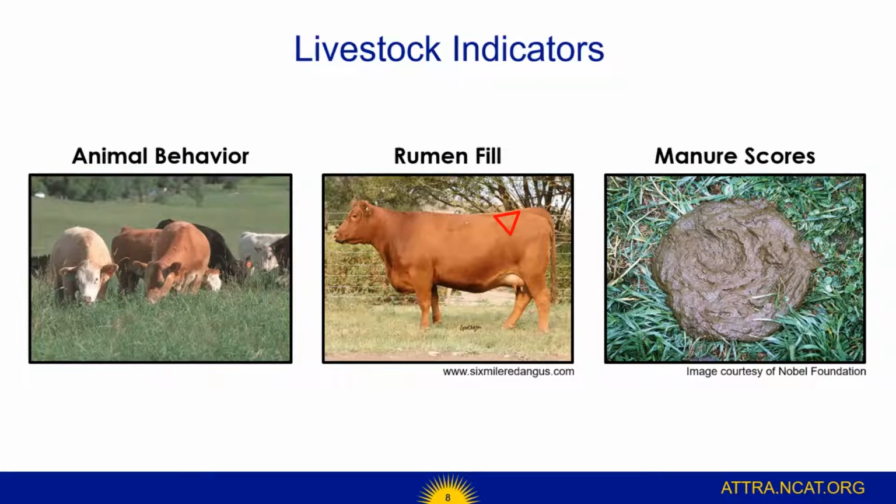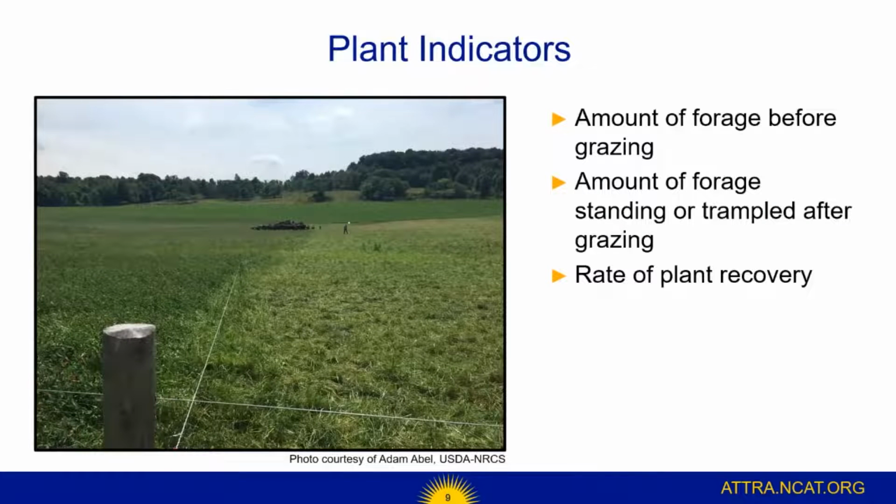From an animal standpoint, we're going to be looking at animal behavior. We're going to be looking at rumen fill and manure scores. Next slide, please. And then from the plant standpoint, we're going to be looking at the amount of forage that is there before the animals go into a field. We're going to look at the amount of forage that's either standing or trampled after grazing.